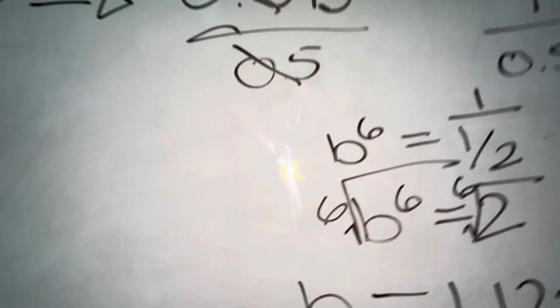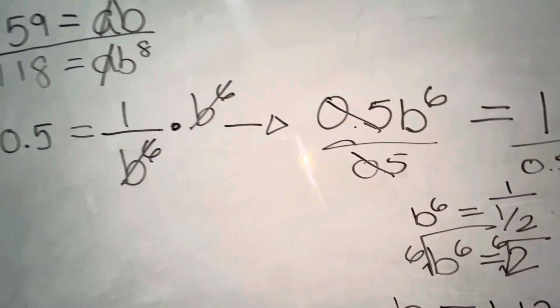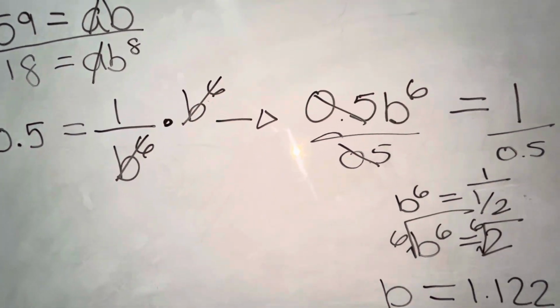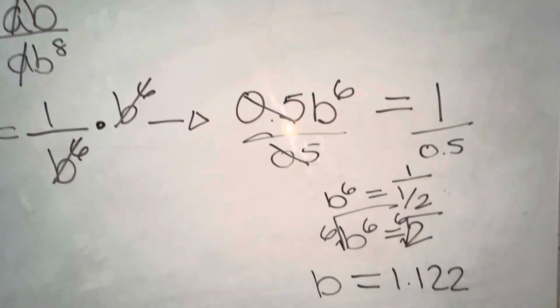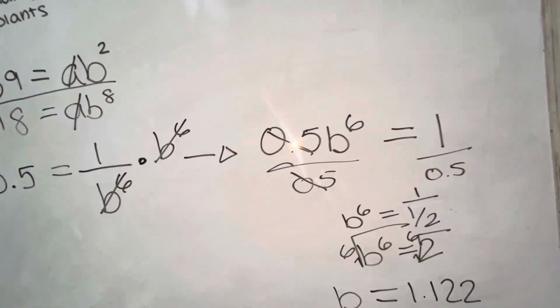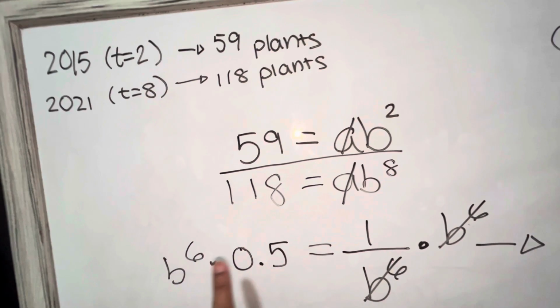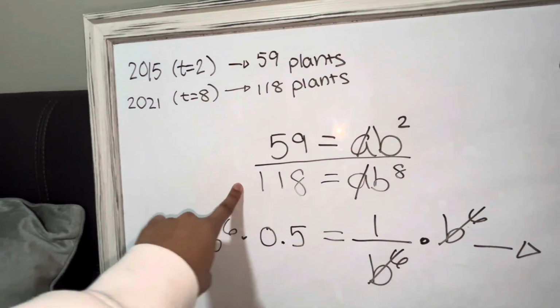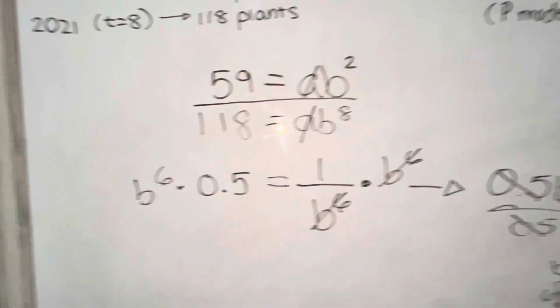Now that we found our b, the next thing we should be doing is to try to find the a. We can put our b into either 59 or 118, but we have to use the exact one we have in our calculator instead of the rounded version in order to get an exact number.